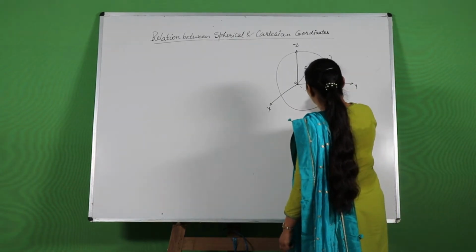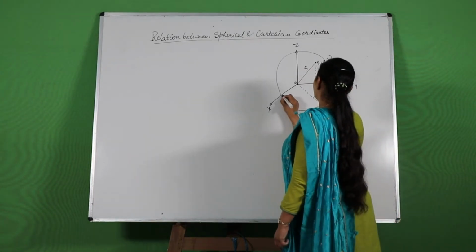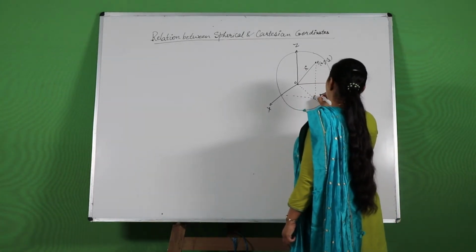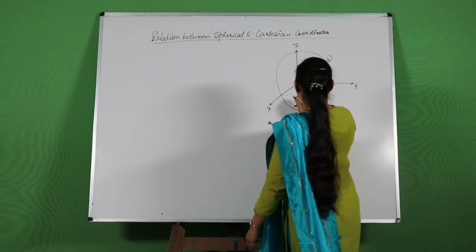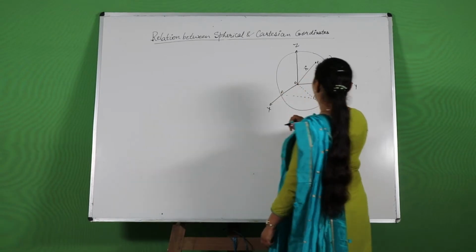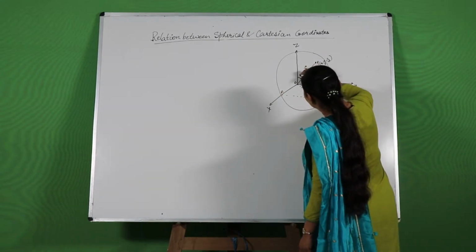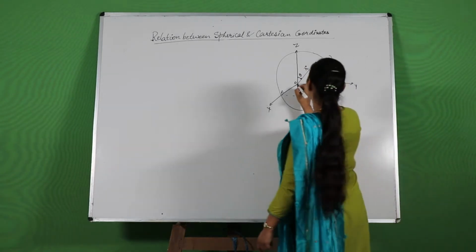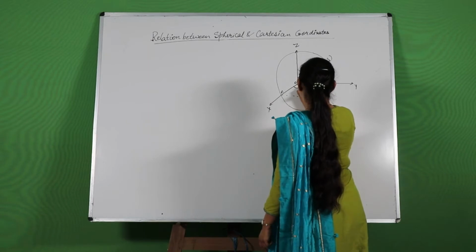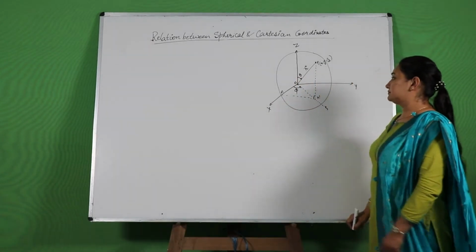let us fall perpendicular on this. If this point is my N point, this is my A point, the angle which this vector makes with this theta, that is polar angle, and this is my azimuthal angle.